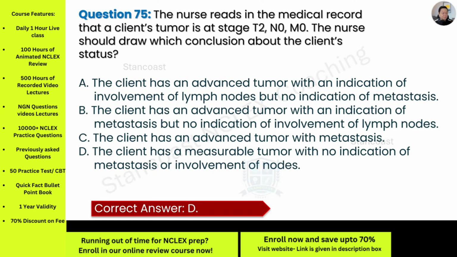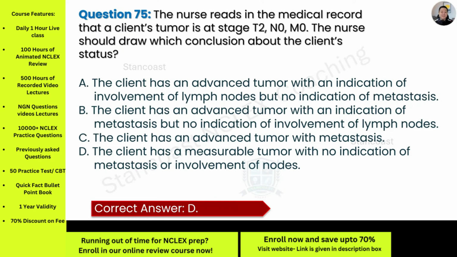Now, if you selected letter A, this is incorrect because the N0 stage indicates no lymph node involvement. The tumor is not advanced and there is no evidence of metastasis. Letter B is also incorrect because the presence of metastasis contradicts M0.